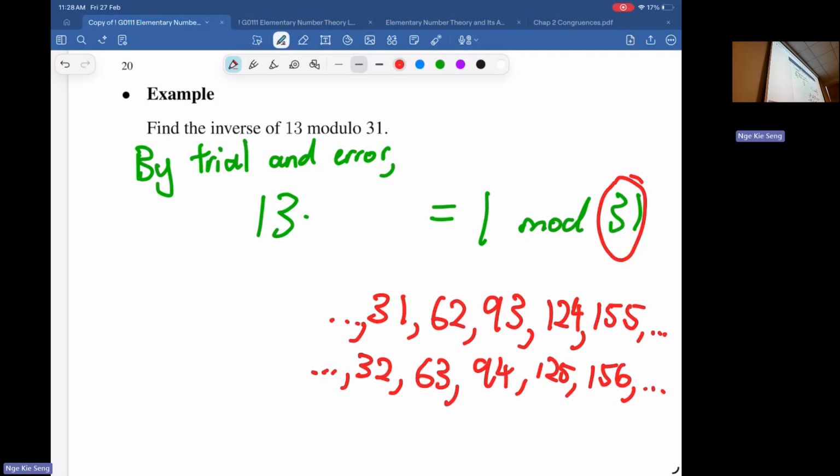Okay, anyone got it? 12. Okay, a bit large. How do you find 12? You just try 0 up to 12, unlike what I did. So you try dividing by 13, 13, 13, 13, 13. Hey, this one is divisible. Okay, good.